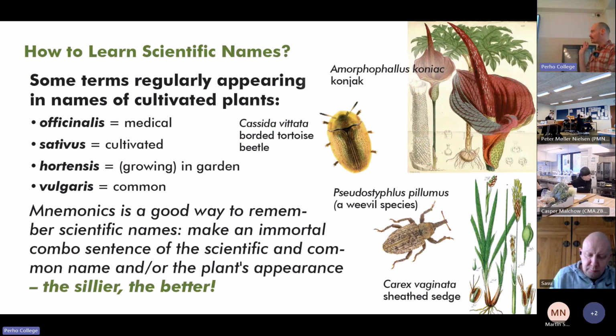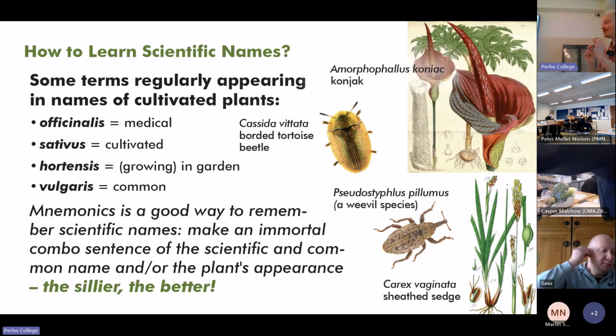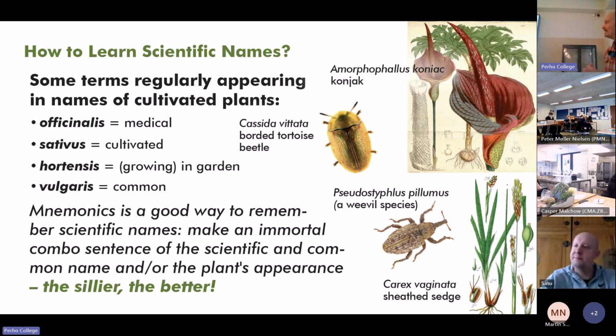If you make a sort of memorable combo sentence in your mind of the scientific name and the common name, or maybe the plant's appearance, that might help you a lot. The basic rule is the sillier or funnier the combo is, the better. You just have to remember how you've transformed the name, otherwise it might get a bit awkward and embarrassing.